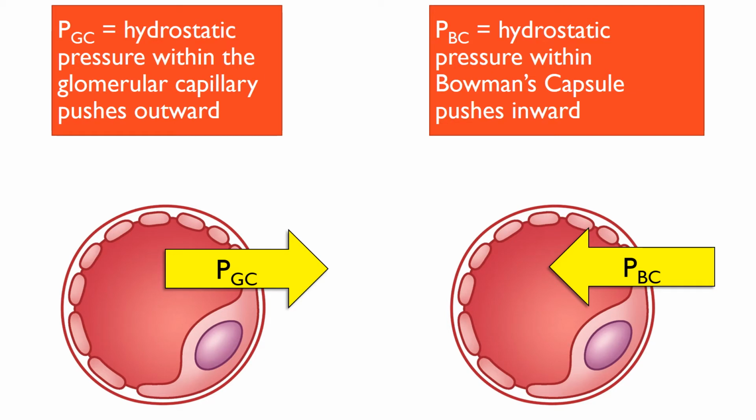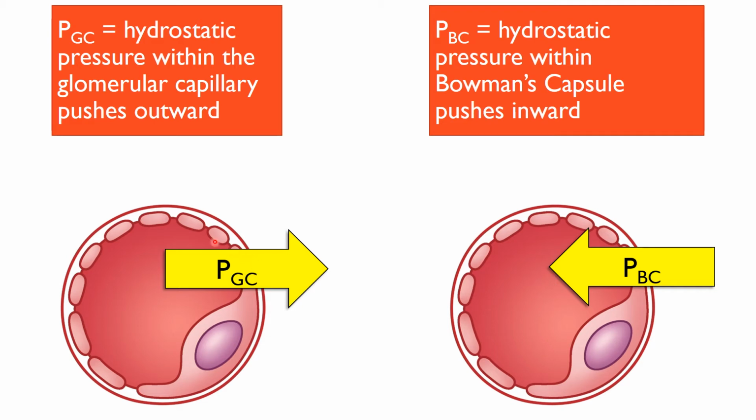So I'm going to briefly remind you of Starling forces. First Starling force is the hydrostatic pressure, denoted by the big P, in the glomerular capillary, so the GC.